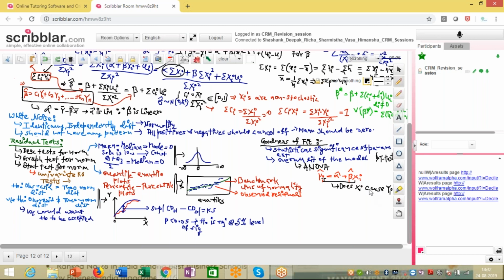Now when I say does xi cause yi, one of the parts that comes into question is: do they significantly cause yi?